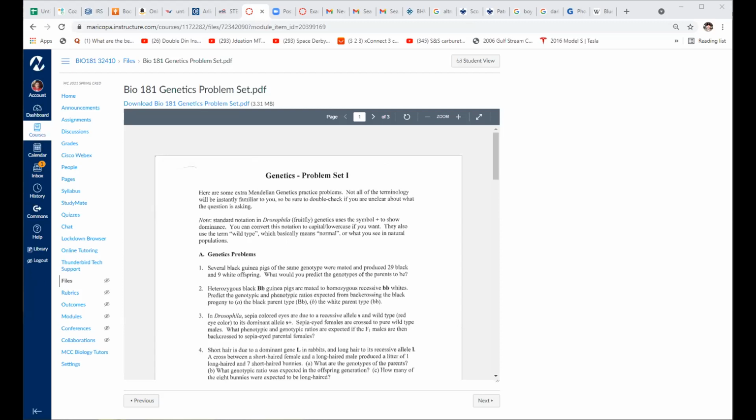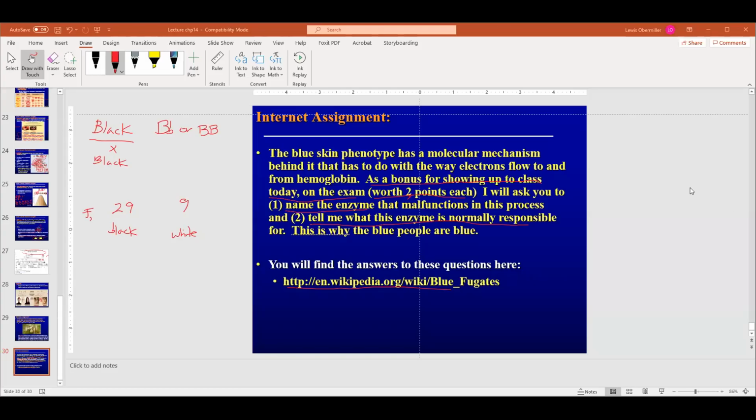So what would you predict the genotypes of the parents to be? Okay, so let me switch screens real quick. Okay, so I have this written up here.